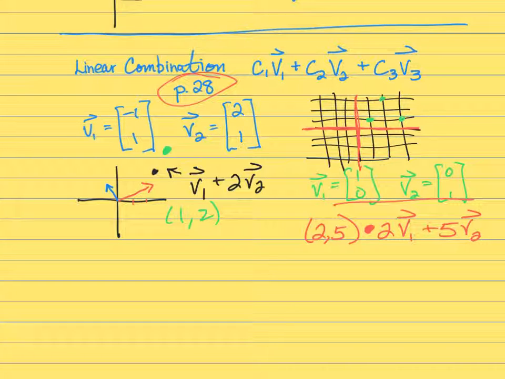we can create other vectors using linear combinations. So can I build other vectors using these two vectors? Let's look at an example of that.